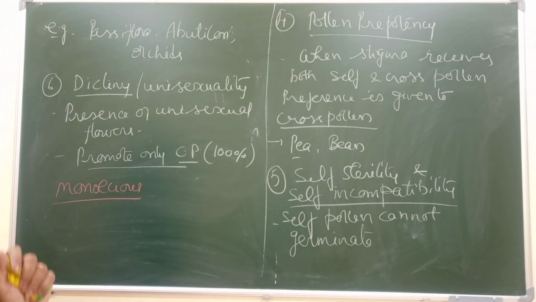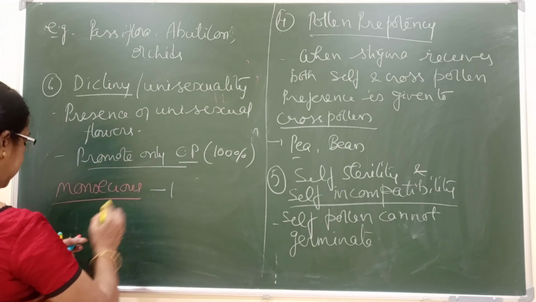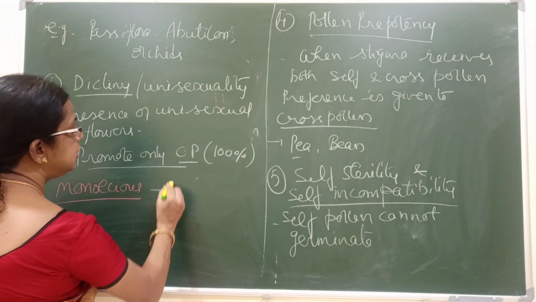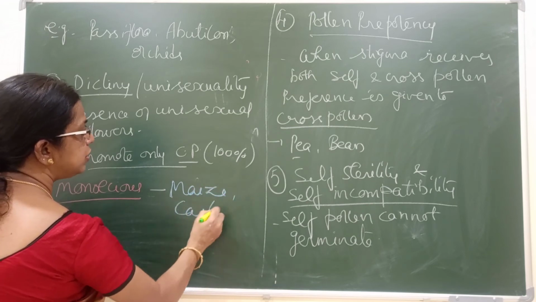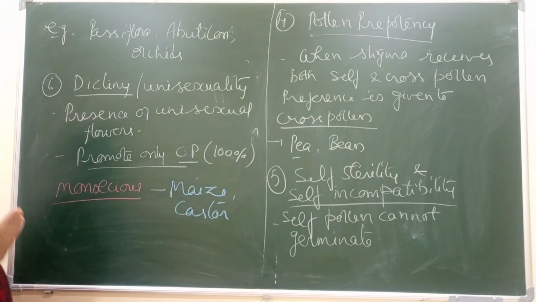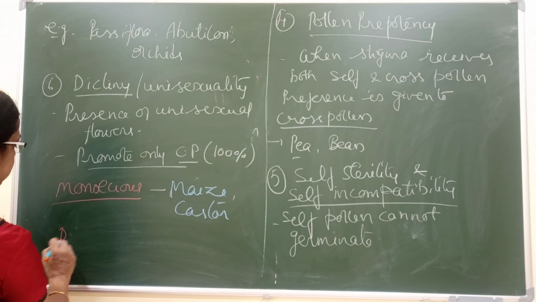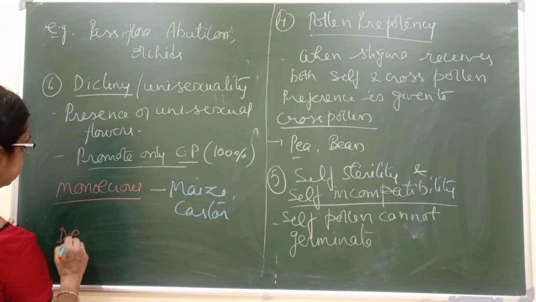If they are present on the same plant, it is called geitonogamy. Examples of the monoecious condition are maize and castor. I gave you another example of cucurbits; you can add that too.